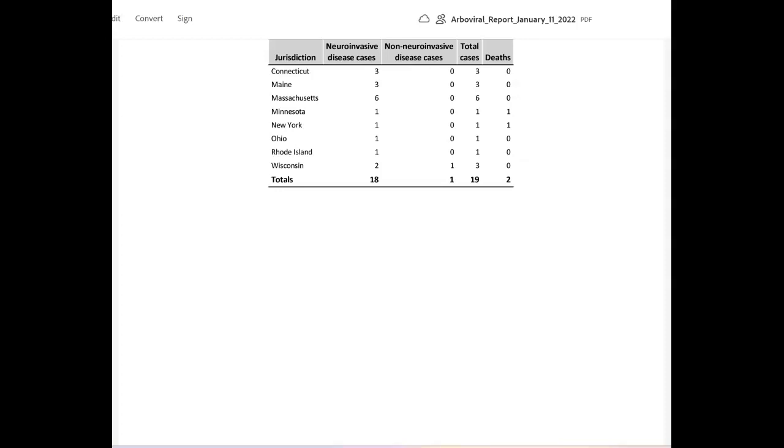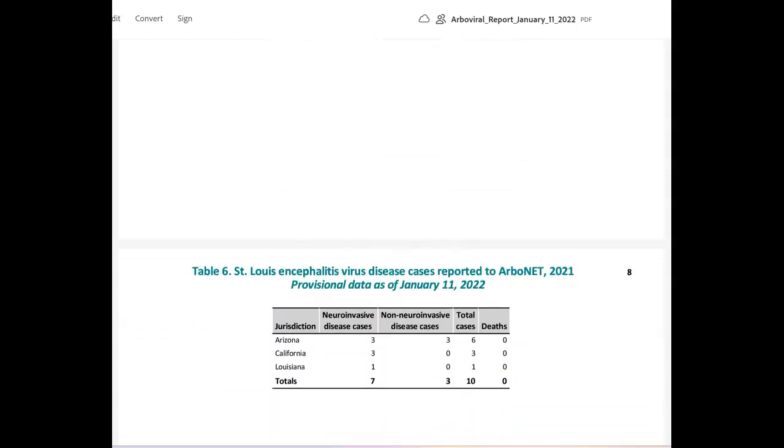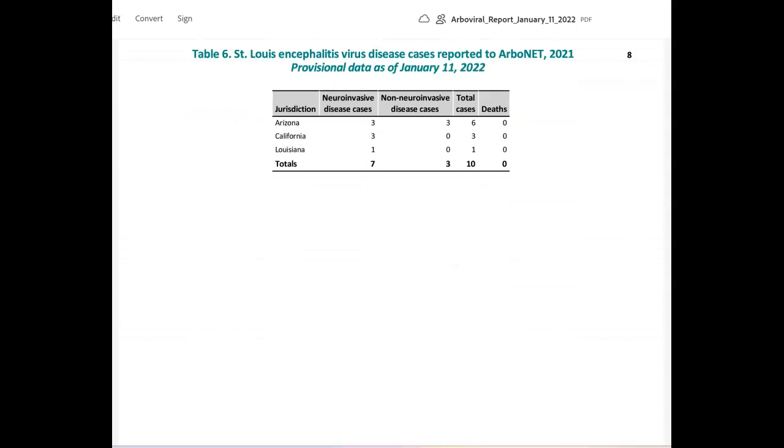So total cases 19, and out of that 2 deaths. And then St. Louis encephalitis, even though nobody died, there are 7 neuroinvasive cases, and then only 3 non-neuroinvasive.